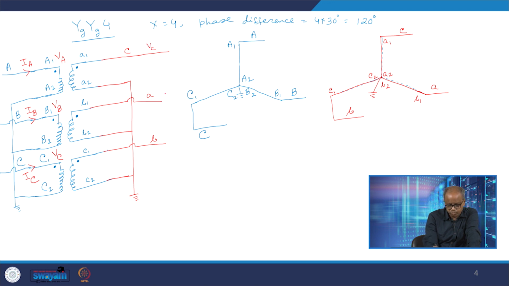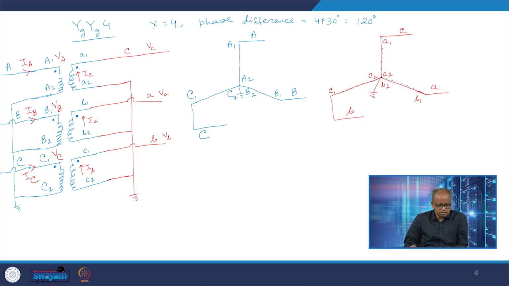This point potential I will say is Va, and this point potential I will say Vb. Then this is a current which is going in this direction. I would say that this is Ic, right? This current I will say is Ia, and this current I will say is Ib, because it is phase B, because it is phase A, because it is phase C, right? So that's how it is.